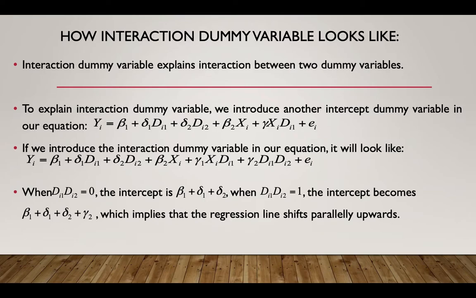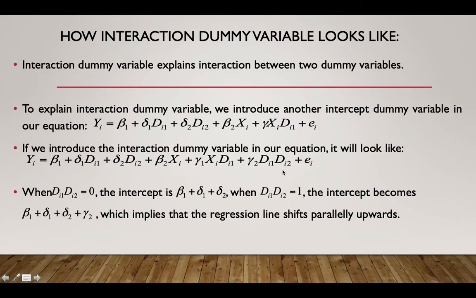If we take this, then the intercept becomes beta 1 plus delta 1, because D_i1 equal to 1. So, the intercept becomes beta 1 plus delta 1 plus delta 2, since D_i2 is also equal to 1. So, beta 1 plus delta 1 plus delta 2, but D_i1 D_i2 equal to 0, so this portion is not included.